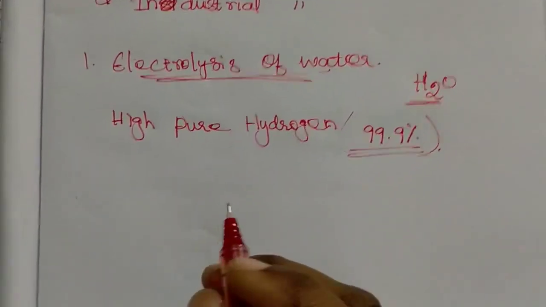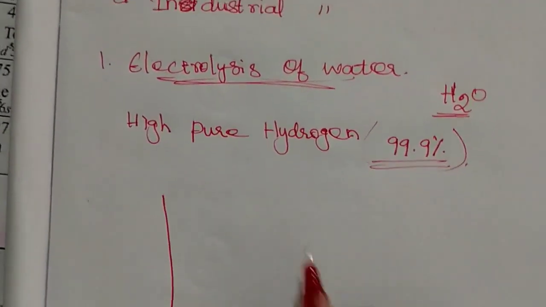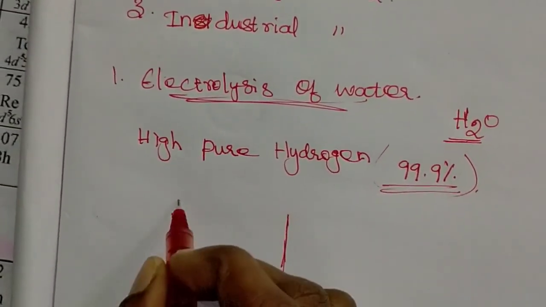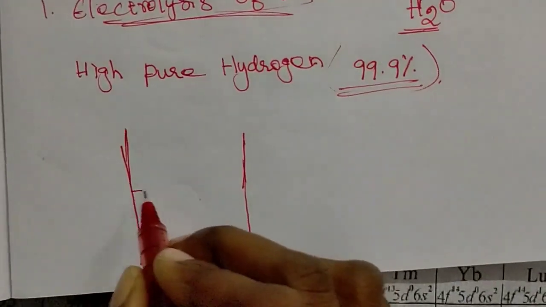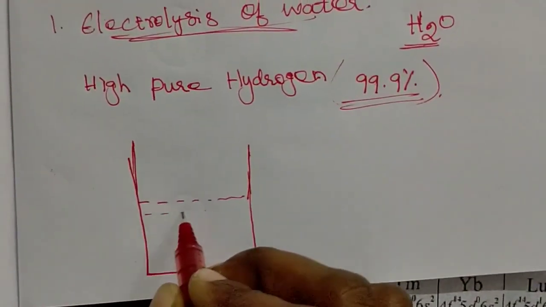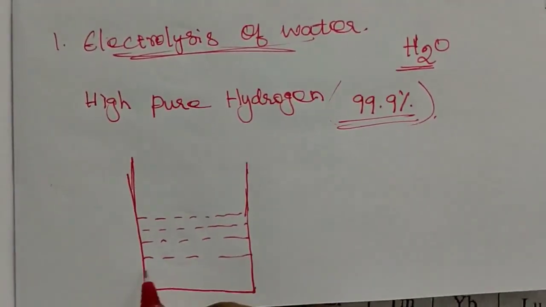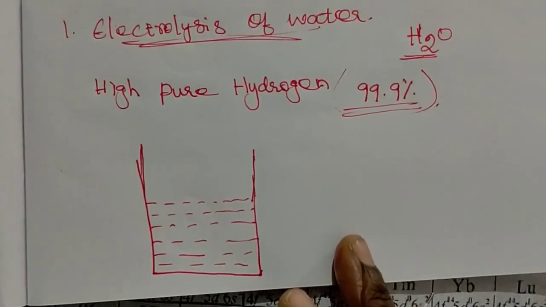First, for the electrolysis of water, you can take one electrolyte. For the electrolyte we fill water with an acid or alkali group.